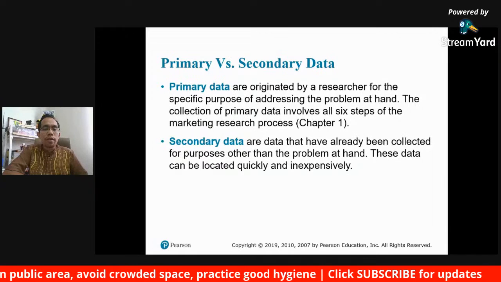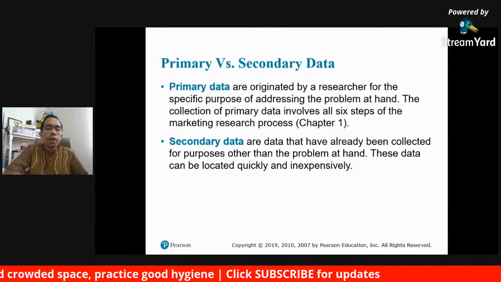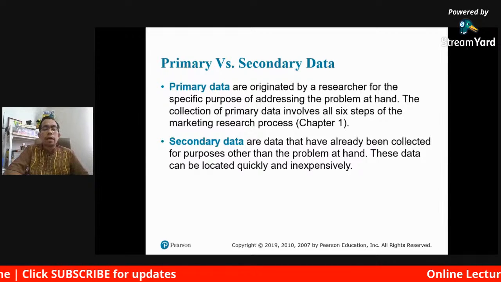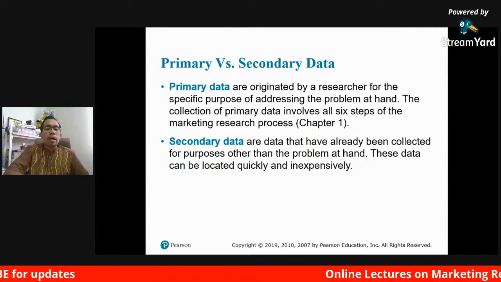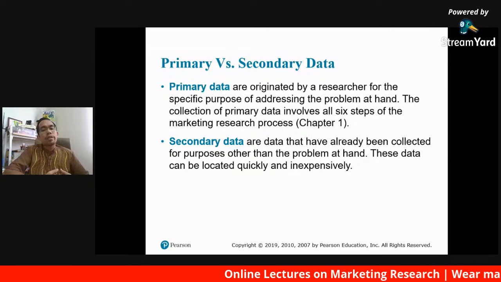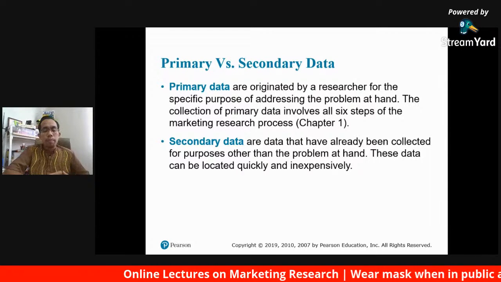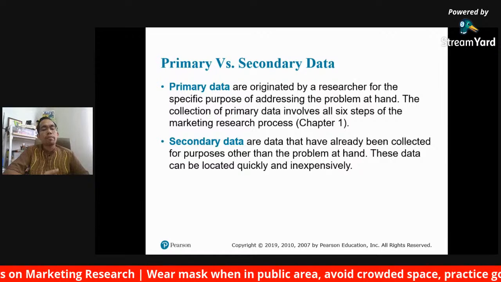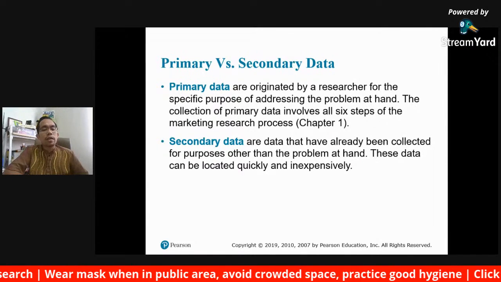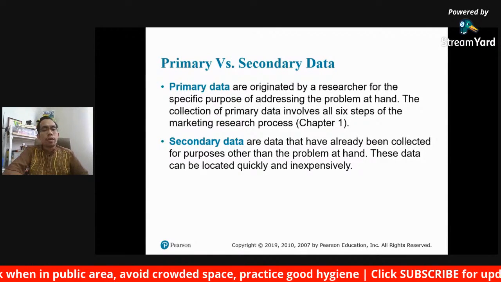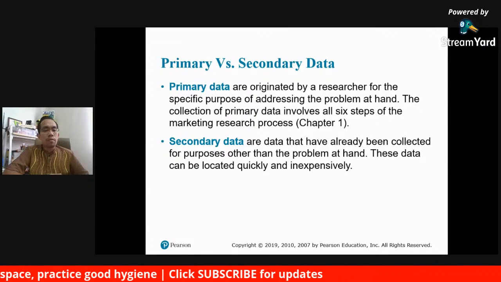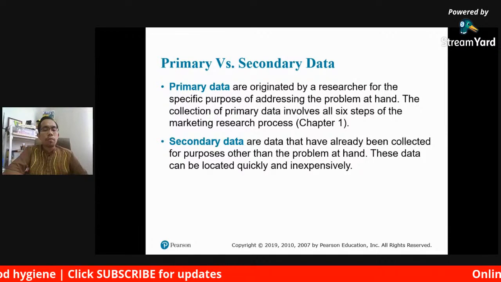Primary versus secondary data. Primary data is data that originated or obtained by ourselves as a researcher, the people involved in research. So first-hand data comes to us, that is considered primary data. We obtain it for the specific purpose of addressing the problem at hand.